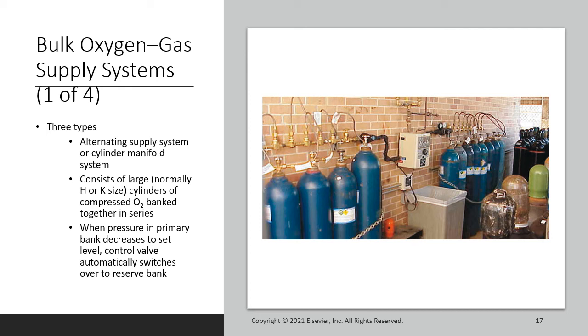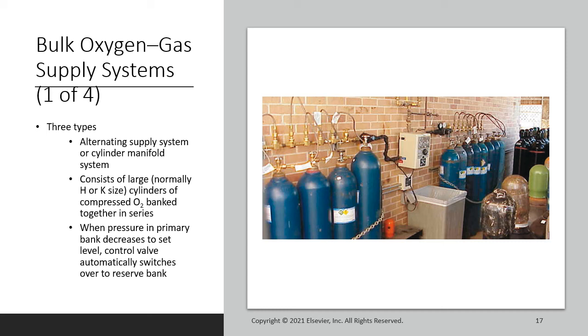This consists of large, normally H or K size cylinders of compressed oxygen banked together in a series. This alternating supply system has two sides, a primary bank and an alternating reserve bank. When the pressure in the primary bank decreases to a set level, a control valve automatically switches over to the reserve bank.